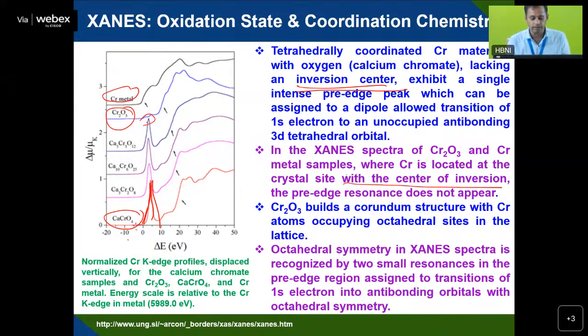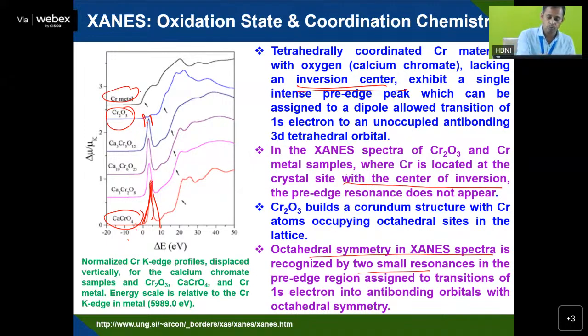So the pre-edge completely disappears, and it is built up with the corundum structure with octahedral geometry, and this octahedral symmetry is recognized by two small absorptions, one here and one here. You can see they are assigned to the transition of the 1s electron to the antibonding octahedral symmetry orbitals.